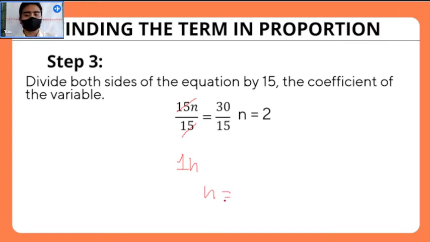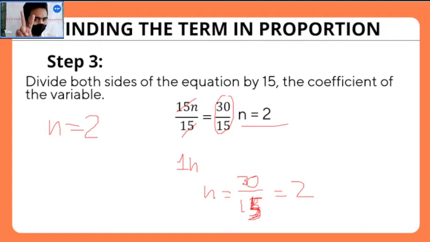Now, when we have n already, what value do we have in our right side? 30 over 15, of course. What is the value of 30 divided by 15? The value is 2. Correct. So now we could say that the value of our n is equal to 2.